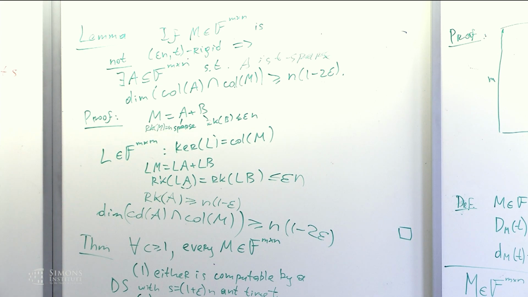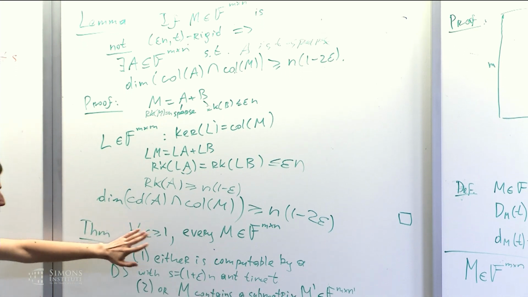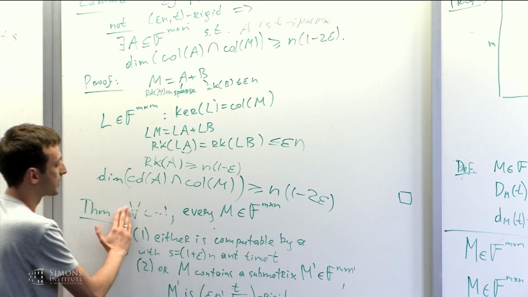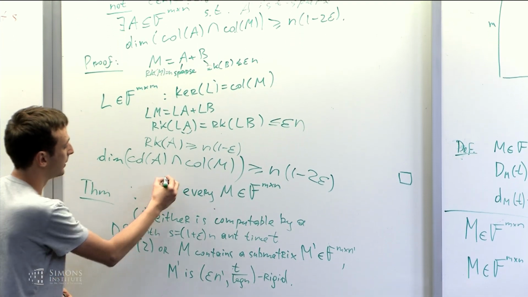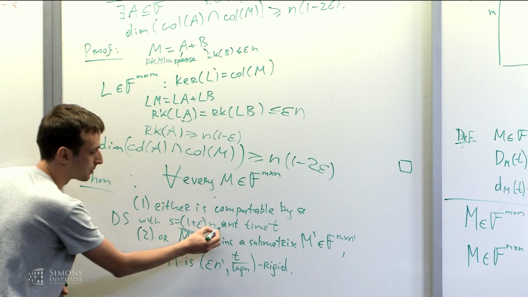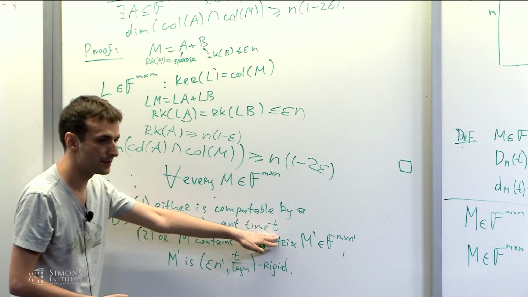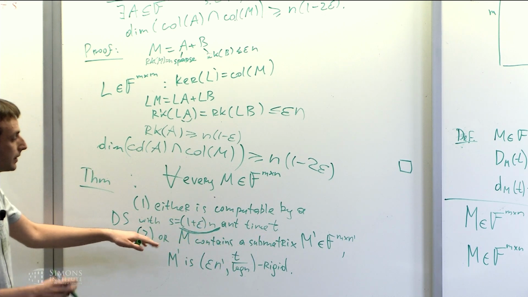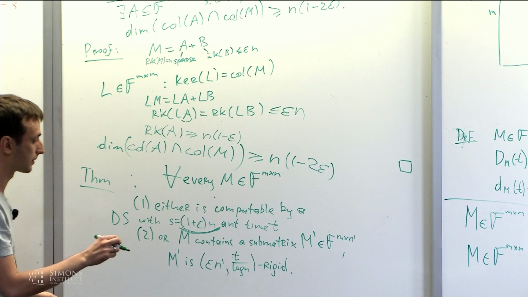Yeah, and now let me prove that a data structure error bound implies some rigidity. We can prove stronger results later, but let me show you a result of this form. For every matrix M, it's either computable by a data structure with really small linear space and time t, or it contains a rigid submatrix.